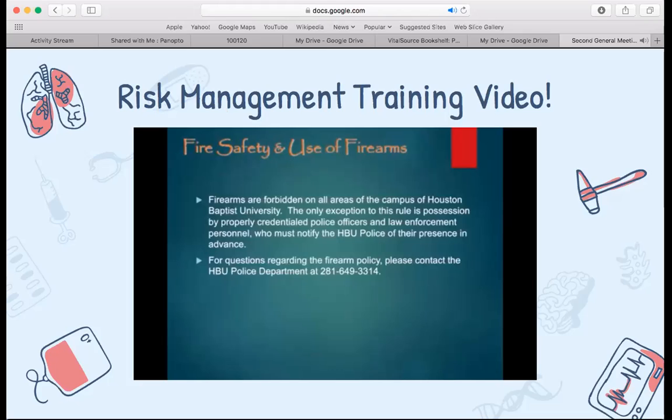For example, if you're going hunting and want to keep your firearm available, you can check it in and out from our HBU police station. Contact them if you have questions about it. If you have a weapon in your vehicle, make sure that it is locked, but you are also not allowed to handle it at all on campus, so don't touch it.